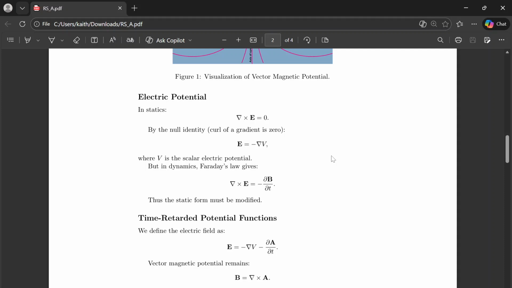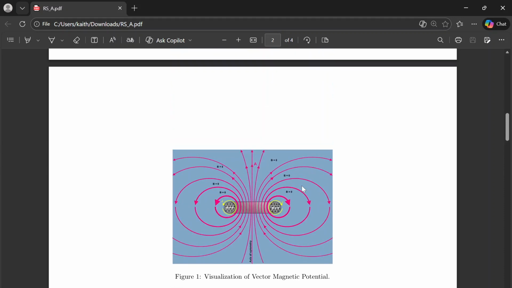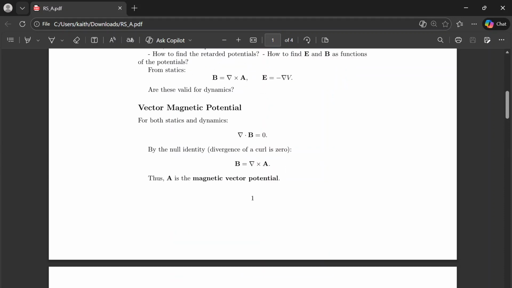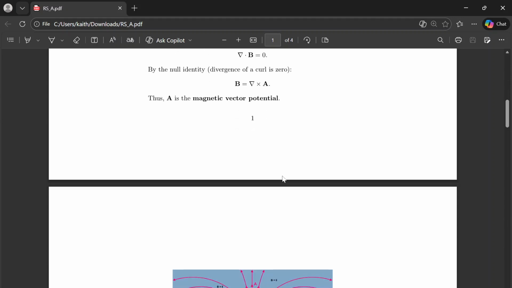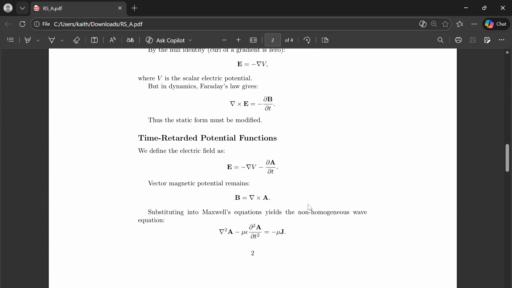But in dynamics, we know that the curl of the electric field is not zero. That is, del cross E is minus dou B by dou t. So there's a slight modification in this formula. We substitute B is del cross A because this equation is valid for both statics and dynamics. After substituting that equation here and doing some basic maths, we arrive at this equation.